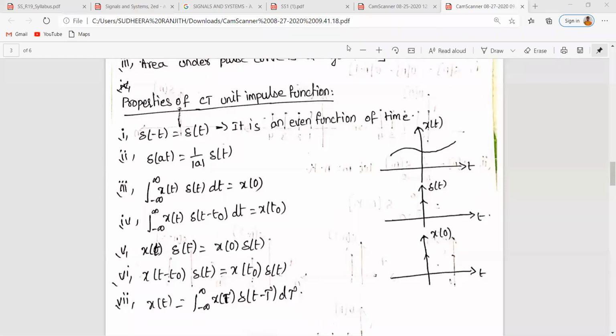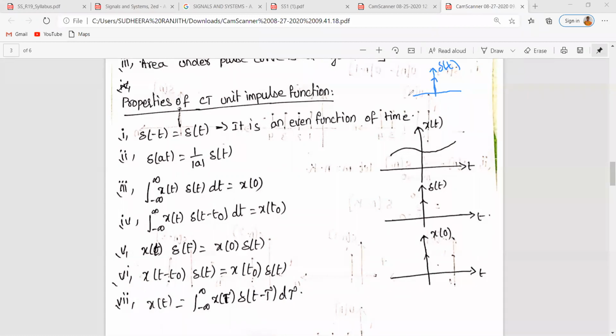Yes, ma'am. Okay, fine. So delta of minus t is equal to delta of t. We can support it by this plot. Since delta of t is only defined at t equal to 0, delta of minus t also looks the same, because when we take time reversal, the amplitude at the origin won't get changed, right?